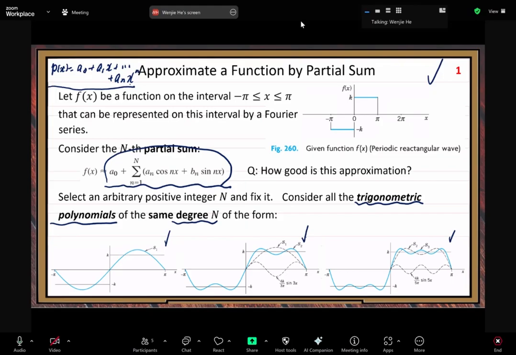But in this polynomial, now we consider the special case. x is the exponential function, e to the i x, where i is the square root of negative 1.